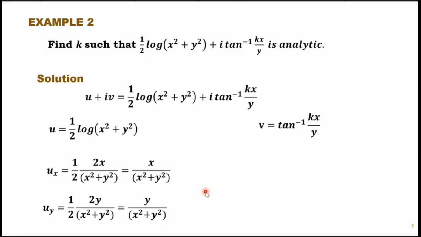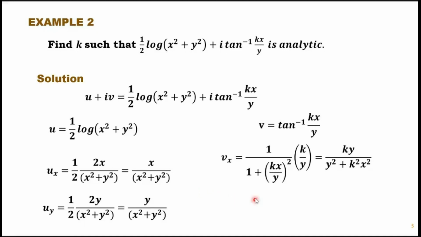So here, tan inverse of kx by y, it will be 1 upon 1 plus kx by y the whole square, into the derivative of kx by y with respect to x. Here y is a constant, k by y is a constant, and the derivative of x is 1, so I will get only k by y here.